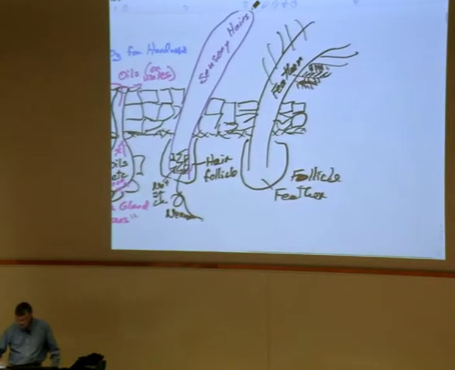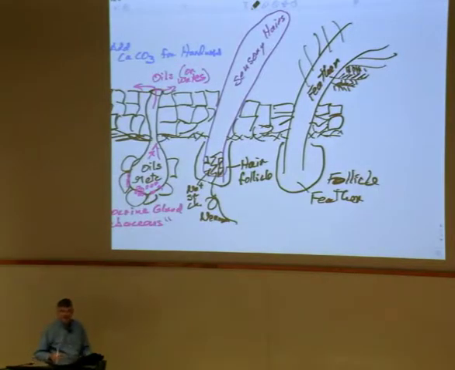So we tend to think of hairs and feathers as very different structures. Fundamentally, they're coming from very similar structures that are just differing in how they're organizing the cells.